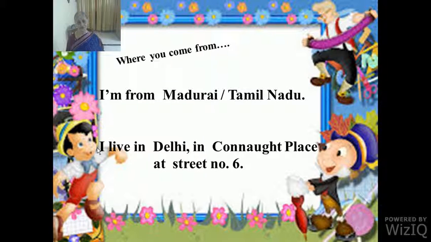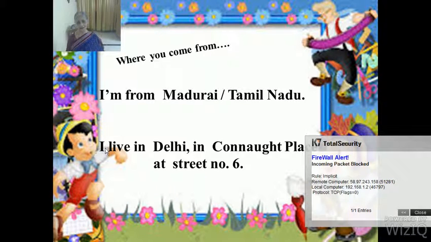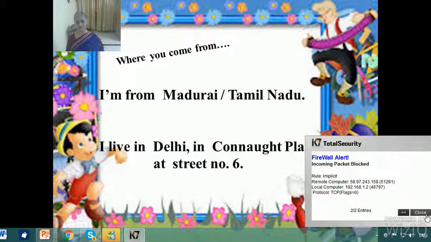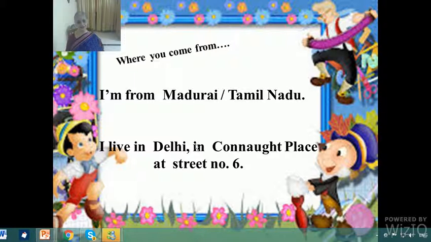Now you say, I'm from Madurai, but I'm not living in Madurai. Now I'm living where? I'm living in Delhi. And here, I want you to remember that when you say I'm living in Delhi, again, you are looking at this idea here.